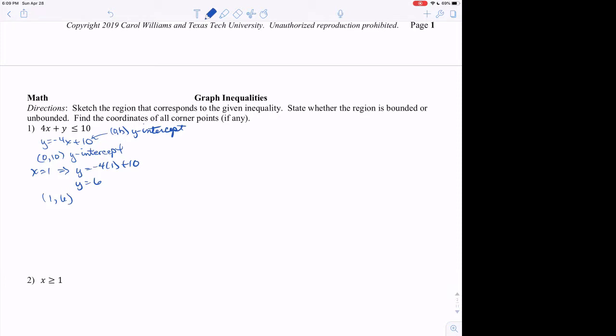That gives us 2 points on this line: 0, 10 and 1, 6. So here's x, here's y, and this is the line y equals minus 4x plus 10. Now, we drew a solid line because we have an equal to.